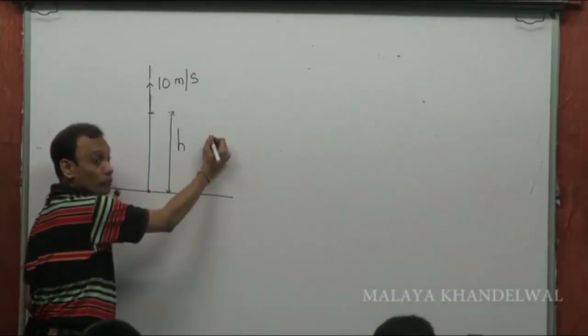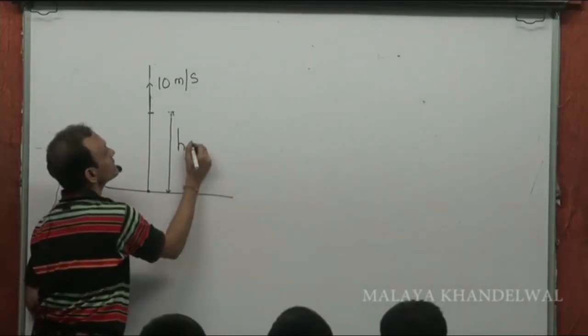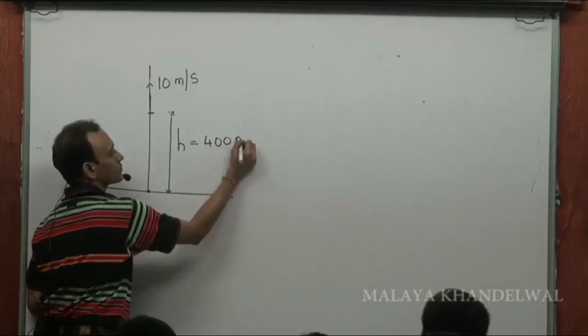And of course it has a downward acceleration g, right? It has a downward acceleration g. Say this h is 400 meters.